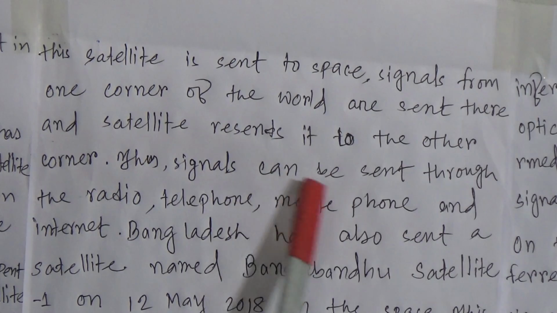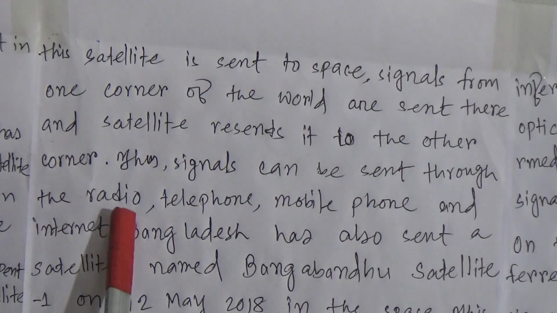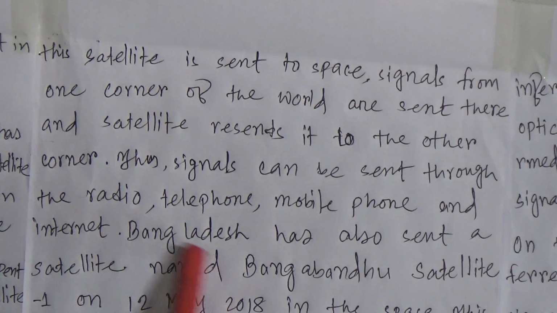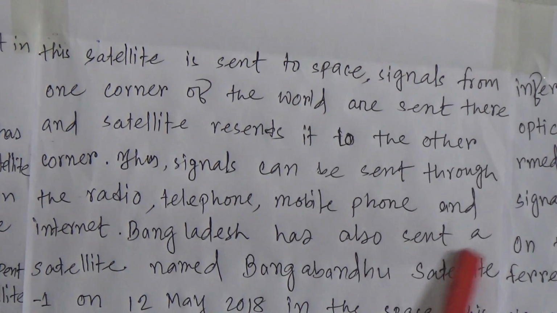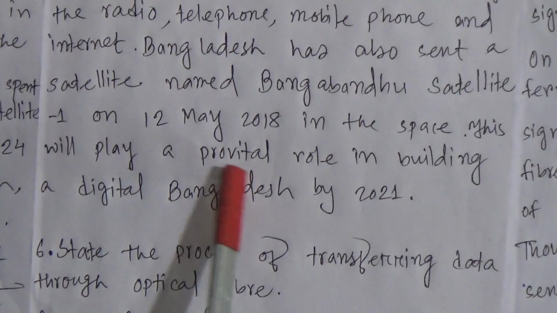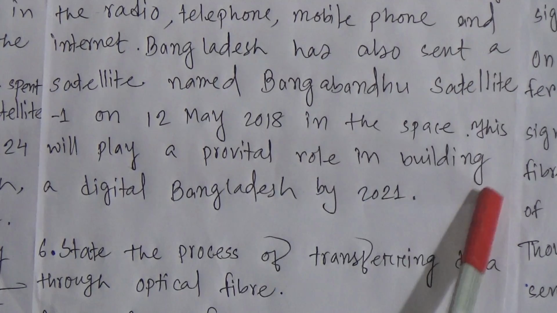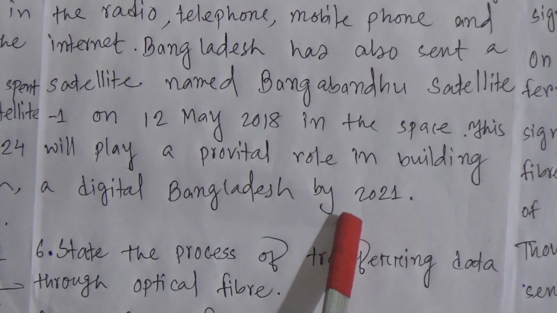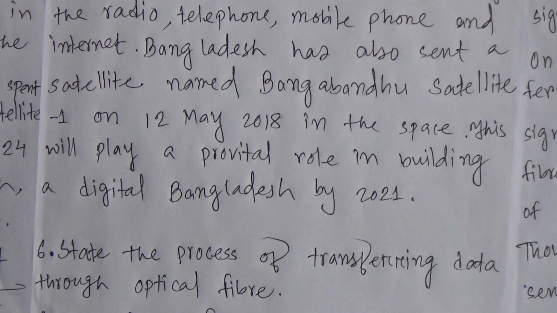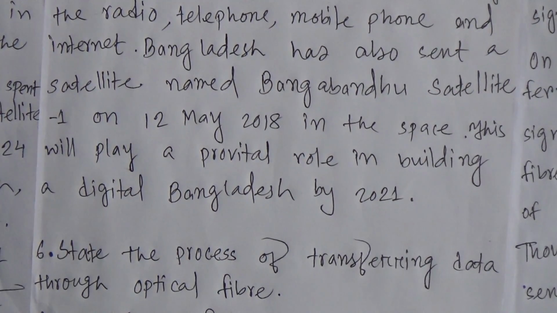The signals can be sent through radio, telephone, mobile phone and internet. Bangladesh has also sent a satellite named Bangabandhu Satellite 1 on 12 May 2018 into space. This will play a pivotal role in building a digital Bangladesh by 2021. So my dear students, this is the answer of question 5.